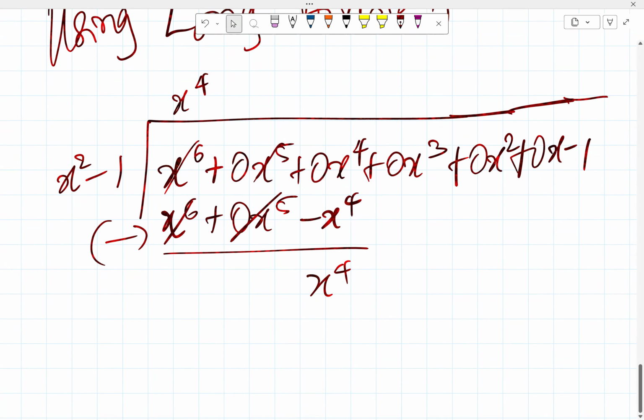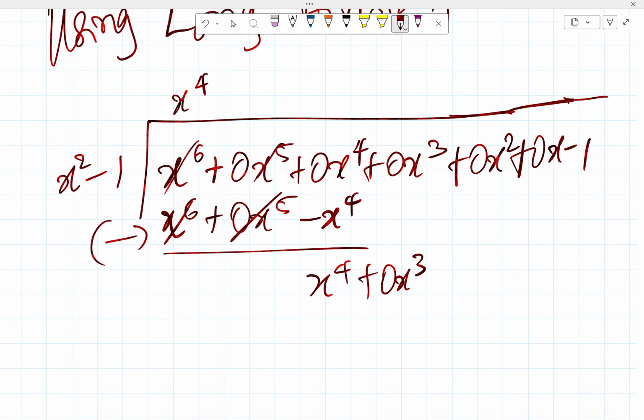And then we can bring down 0x cubed plus 0x squared. Let's just bring down the next one, at least for now.